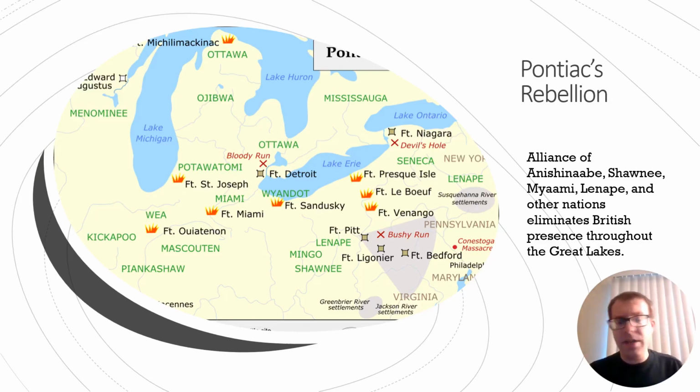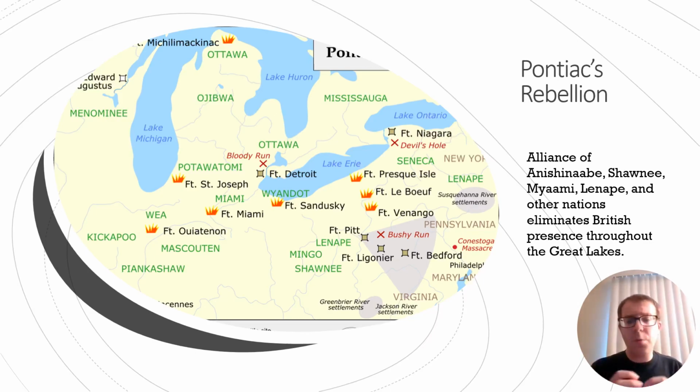And so Neolin argues that they should cut off all contact with Europeans, stop trading with them, try to adopt more traditional aspects of their own cultures, and resist against any European encroachment on native land. Neolin is basically going around arguing that native nations should resist the British militarily.